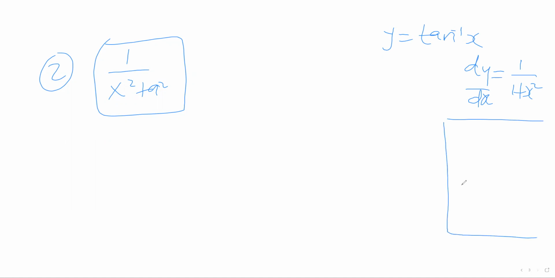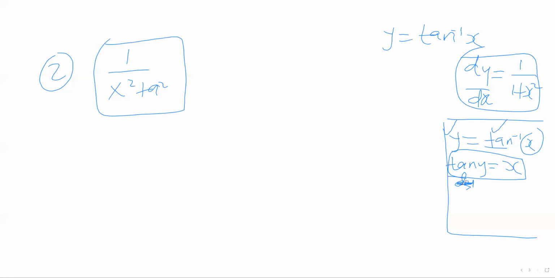You write y equals tan inverse of x, and then you introduce tan on both sides, so that you have tan y here and x on the other side. Remember I said that any function you multiply by its inverse, you try to get a 1. Then we differentiate on both sides using implicit differentiation, and that's how we get the derivative of tan inverse.